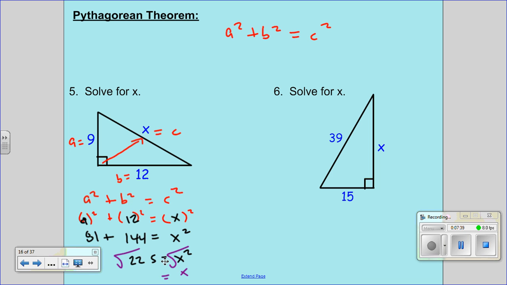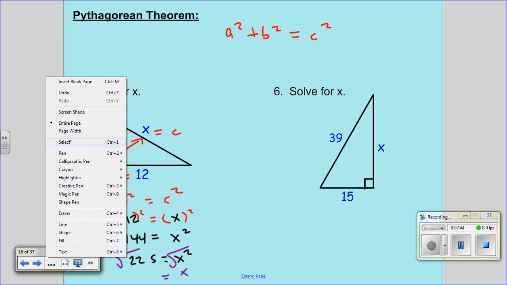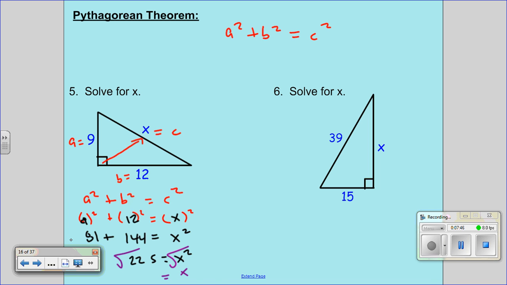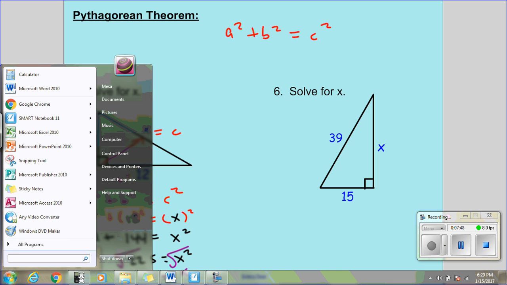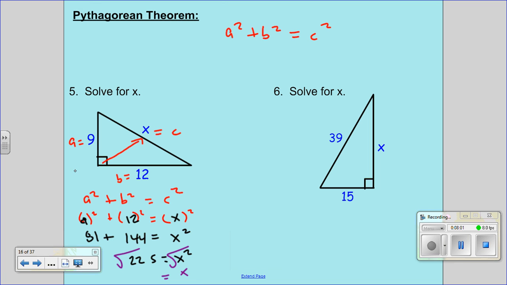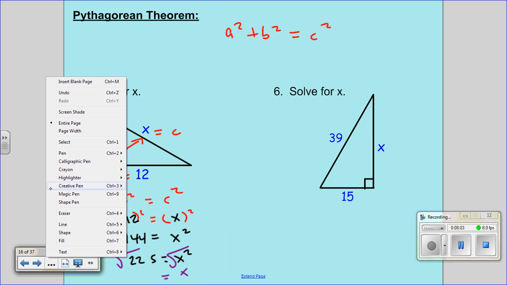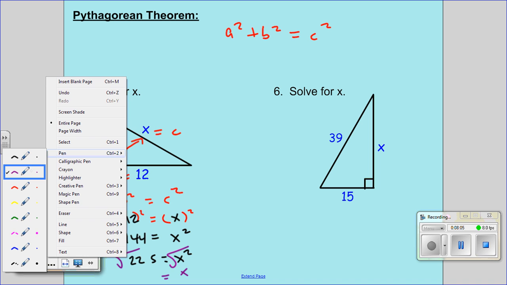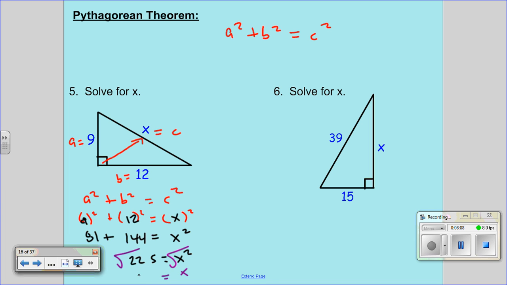So x is equal to the square root of 225. Grab our calculator. Square root of 225, I believe, is 15. So x equals 15.